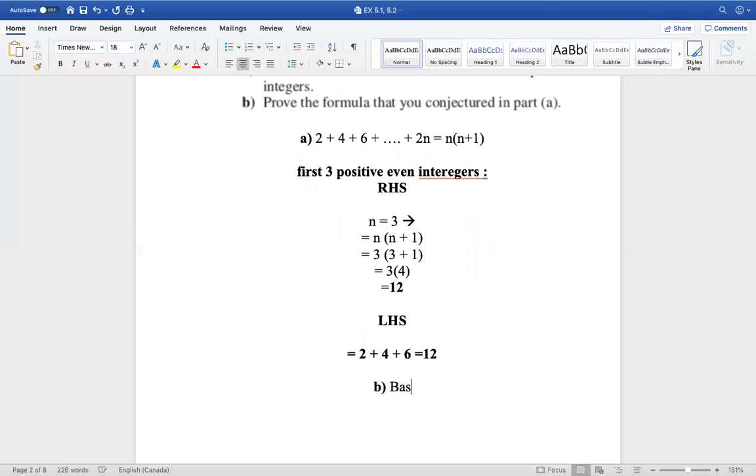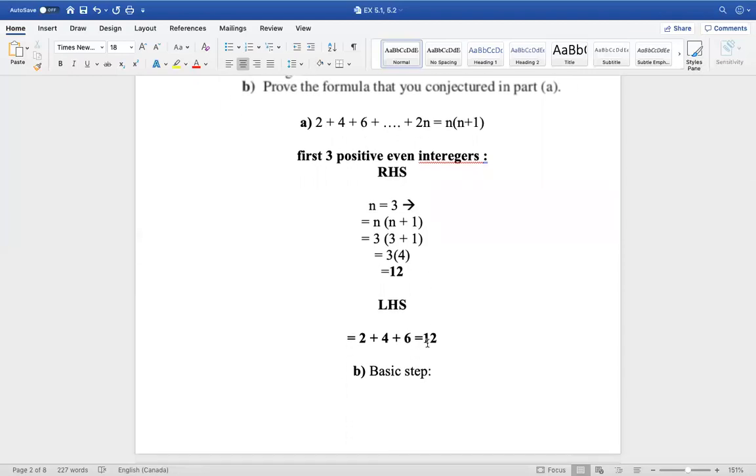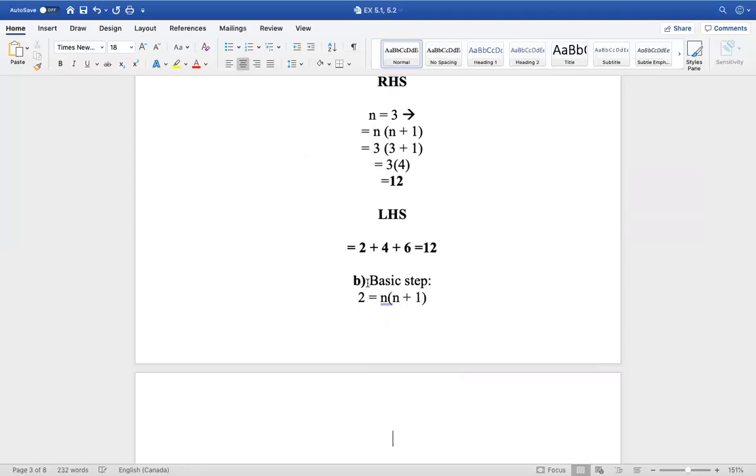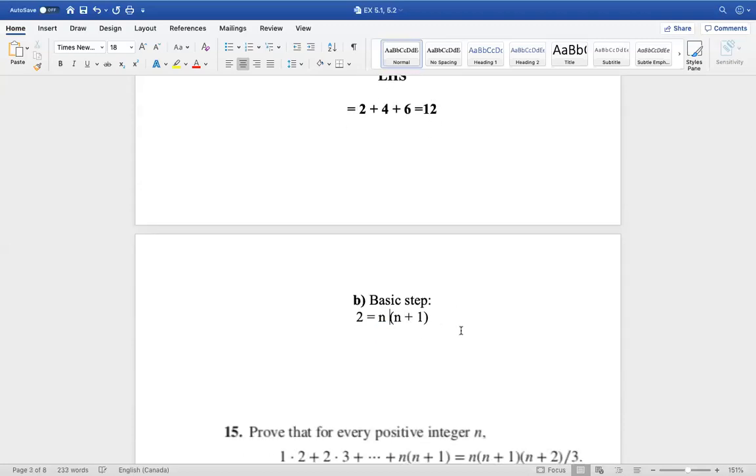So here we have to first define the basic step. For the basic step, we know that we will go with the smallest element in the domain, which is the first even number, which is 2. So we'll say 2 equals 2 based on this. We have this equation, 2 equals n into n plus 1, right?